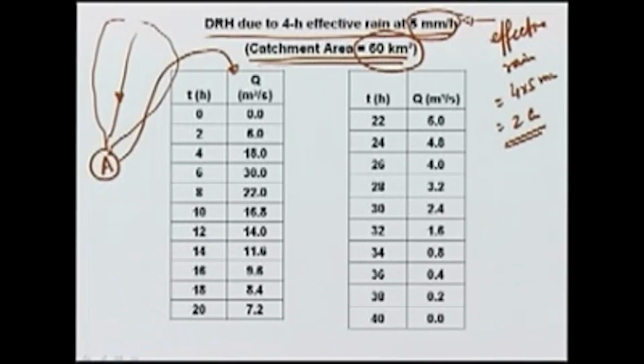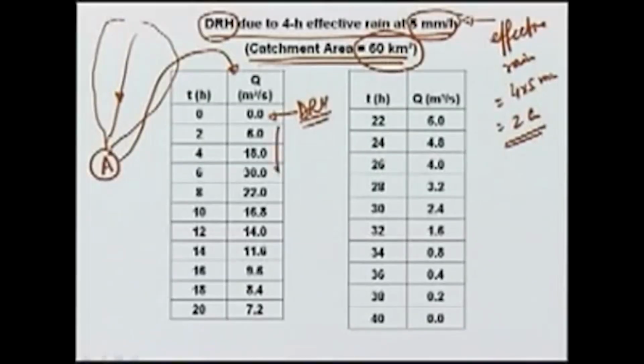So, at 0 hours we start. Now, this is 0, this is the direct runoff hydrograph DRH. So, we have already separated the base flow, that is why it is starting from 0. The actual stream flow at A at the beginning of the rainfall may be some other value which comes from the base flow. So, the DRH starts from 0 and these are the ordinates at different times.